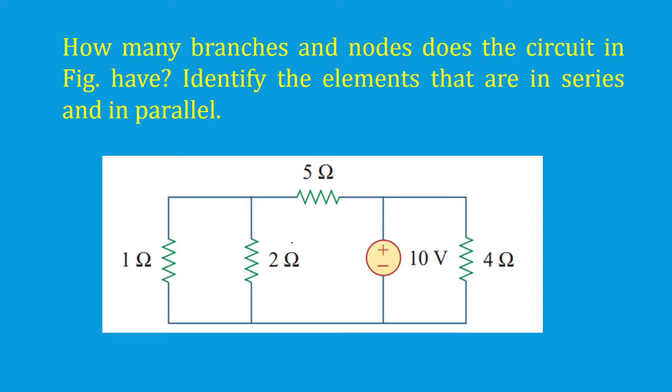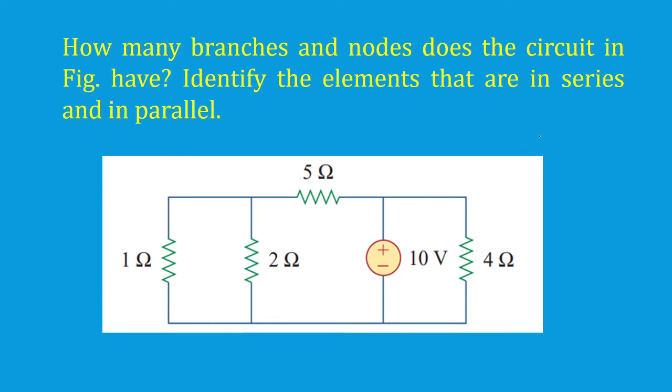Now, to calculate how many branches, simply we have the elements: 1 ohm, 2 ohm, 5 ohm, 4 ohm, 10 volts. So in total I can say we have 5 branches.